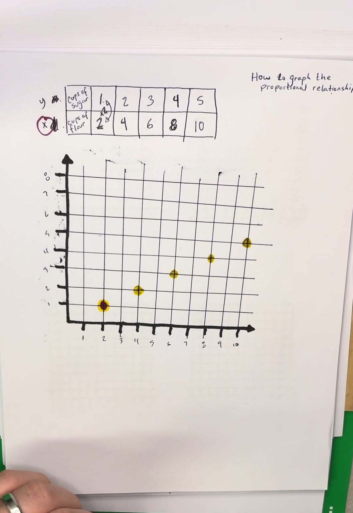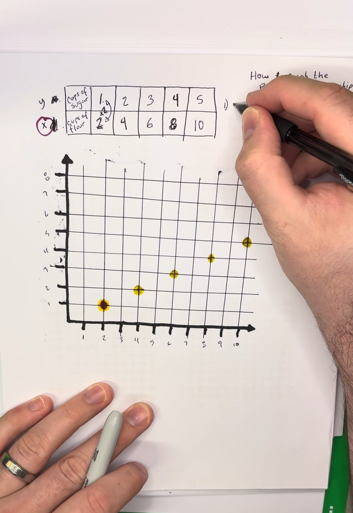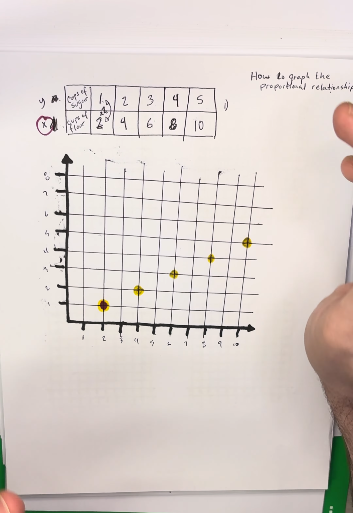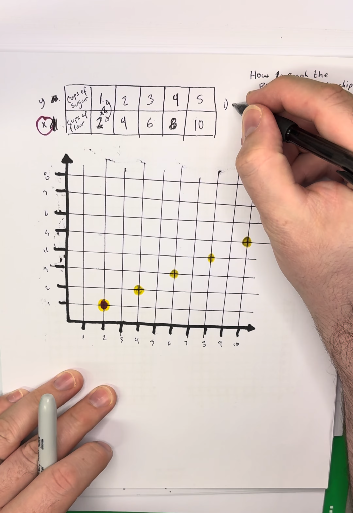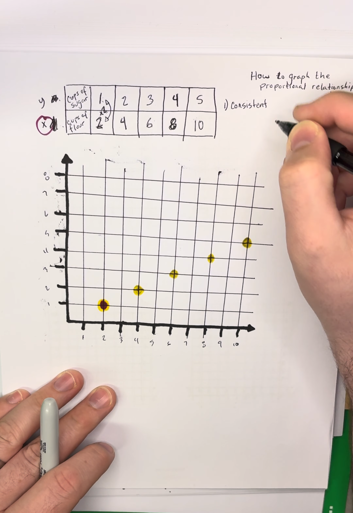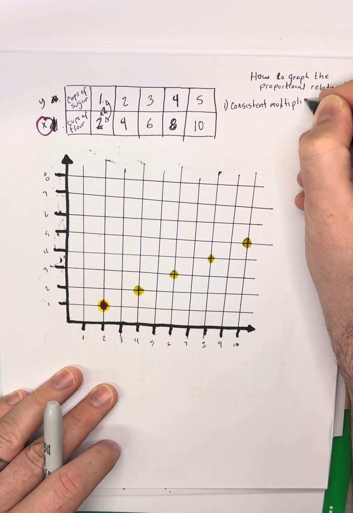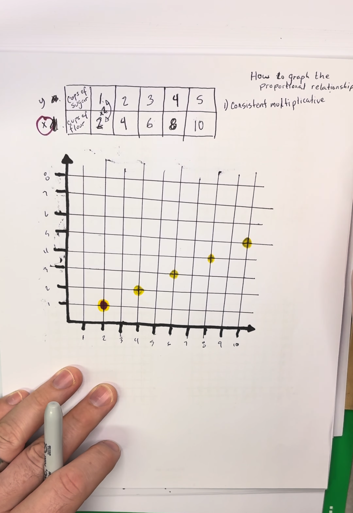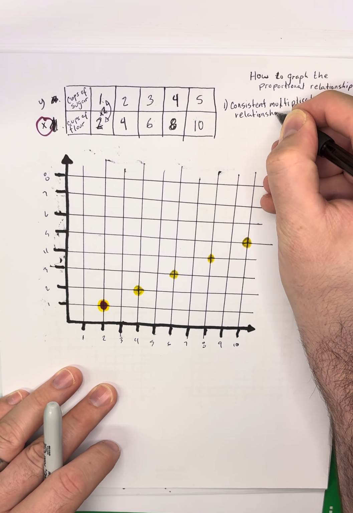Now, when we discussed this, there was a very, very important rule that we have to follow. Rule number 1: for this to indeed be a proportional relationship, we have to have a consistent multiplicative relationship.